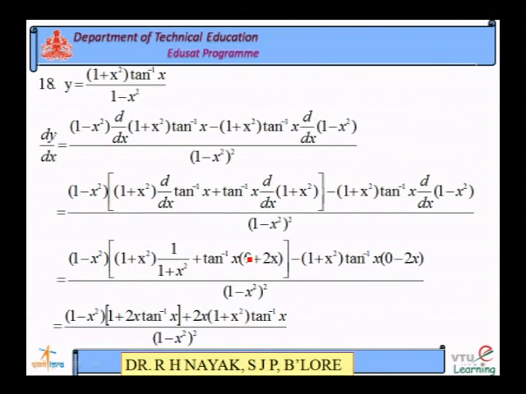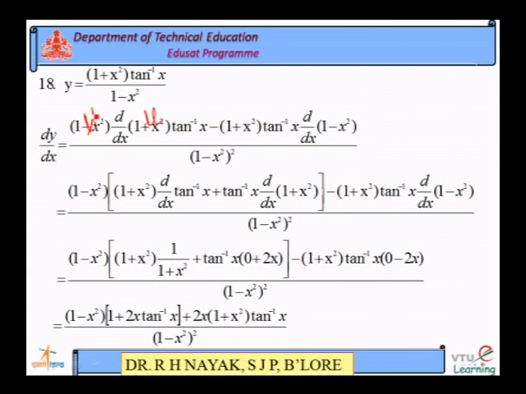This is another problem. You just see the problem. Whatever we have been given, the whole numerator is taken to be u and the denominator is taken to be v. It is of the quotient rule. What does the quotient rule say?